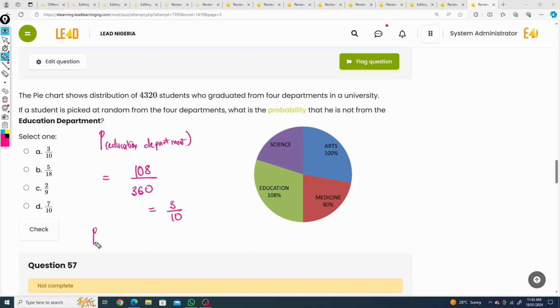So the probability of not education department would be 1 minus the probability of education department, which would just be 7 out of 10. All right, so the correct option is D.